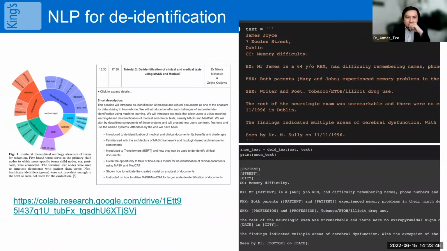We are in the process of validating across several trusts. As you can see here, we have a Google Colab notebook for anyone who wants to try it. And at some stage, we will be sharing the model in a more open way, so that this would resolve a lot of the manual processes required to redact text.